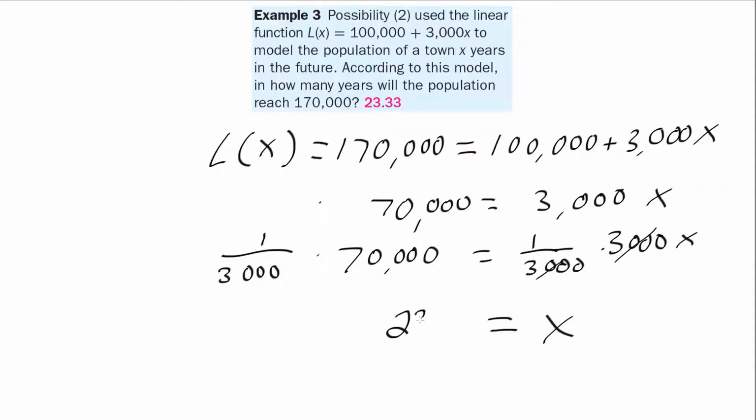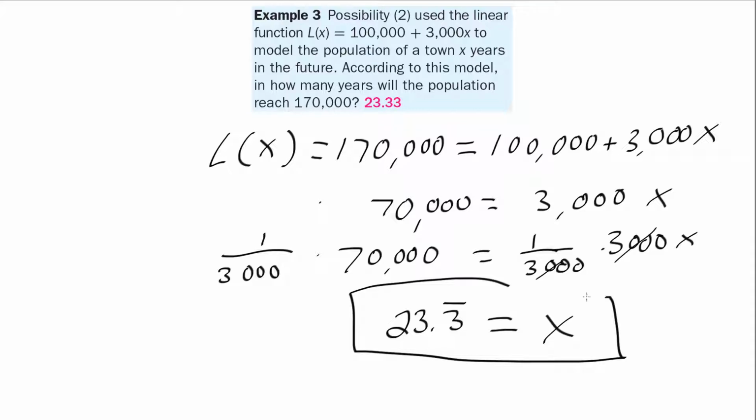But 23.3 repeating would be a decent enough response for that. So that's in how many years this will occur. It's simply identifying, we know what the function equals, we now solve for that, find our value of x.